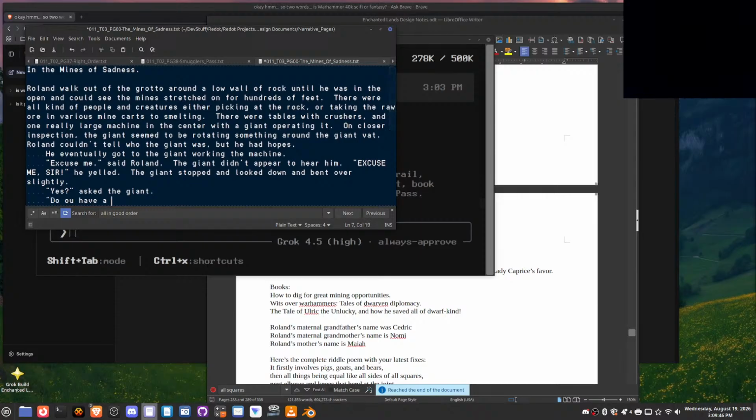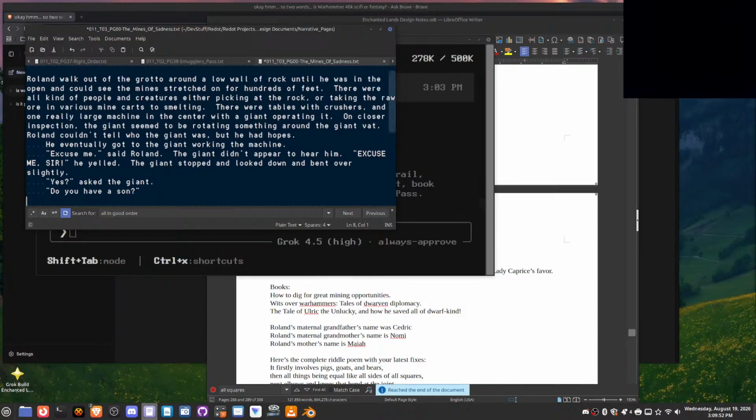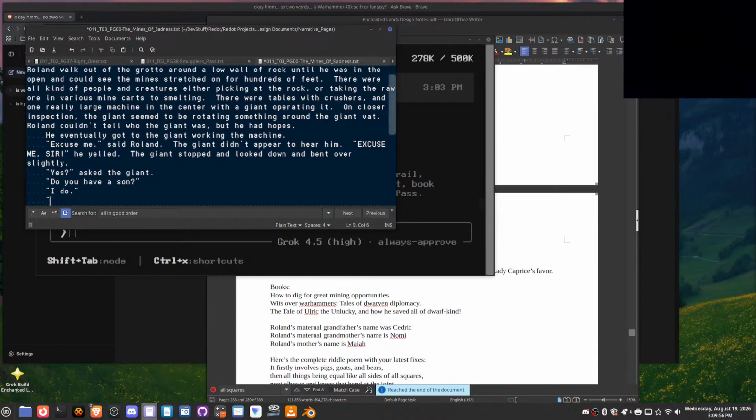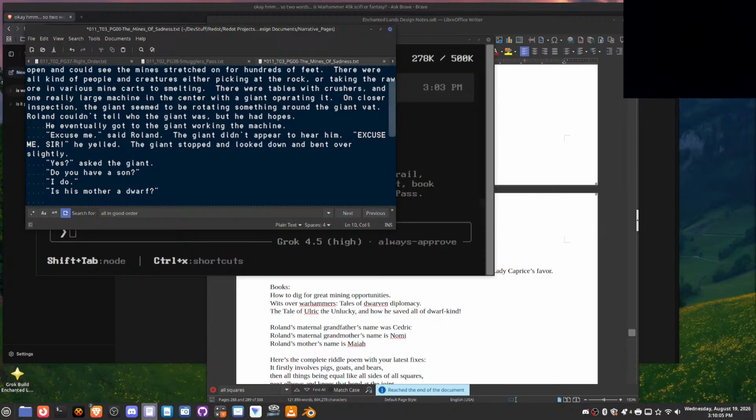"You have a son." "I do." "Is his mother a dwarf?" "That's a very excellent question. Isn't it?